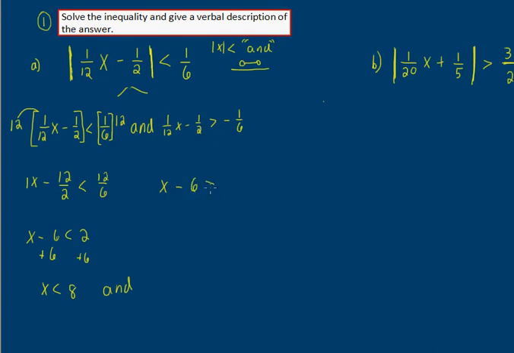This is still going to be greater than. And now I have negative 1/6 times 12, which is just going to be negative 2. And I add 6 to both sides, and x is greater than 6 minus 2, which is 4. So x is less than 8, and x is greater than 4.